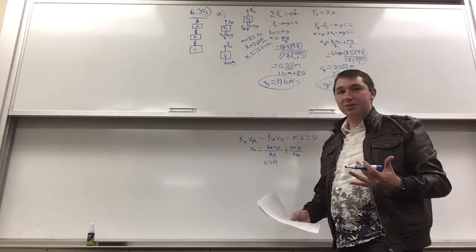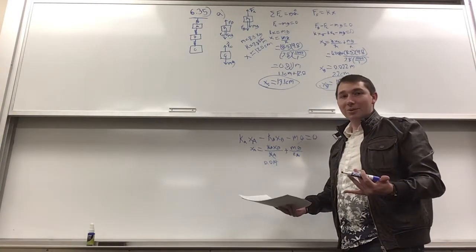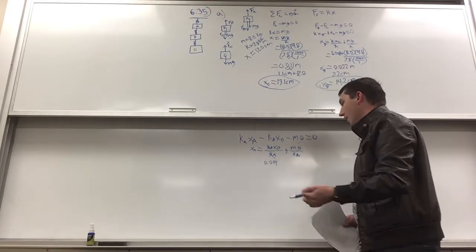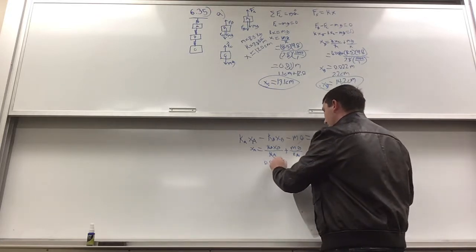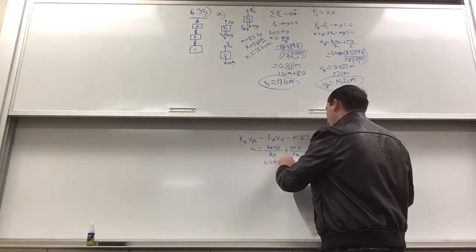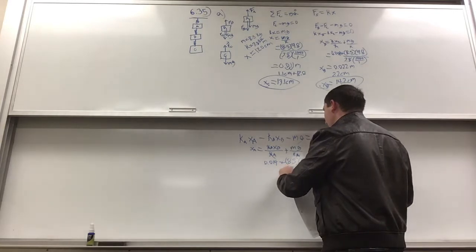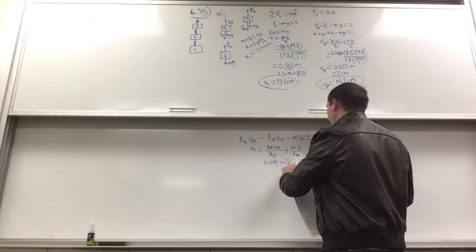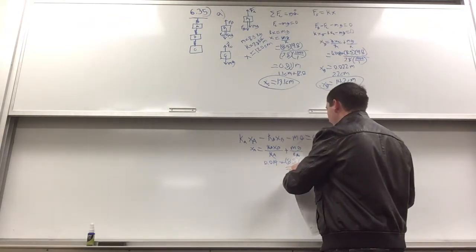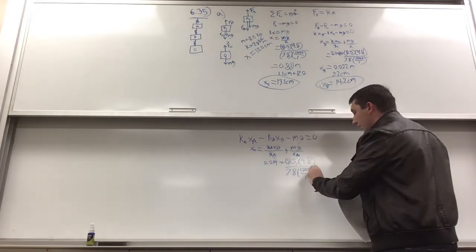That wasn't a problem for finding the first one because there was no other distance that we were using. So that plus 8.5 times 9.8 divided by 7.8 times 1,000 over 1.